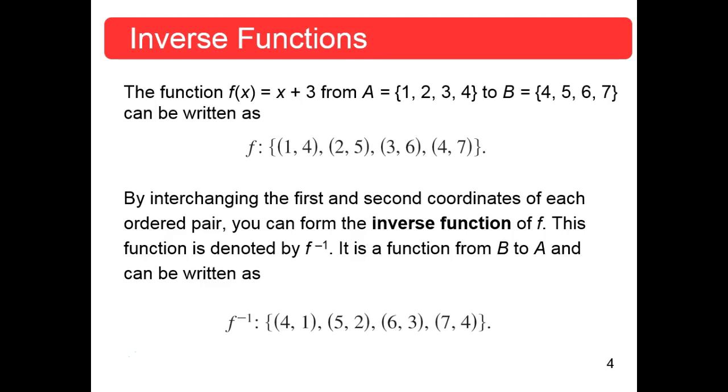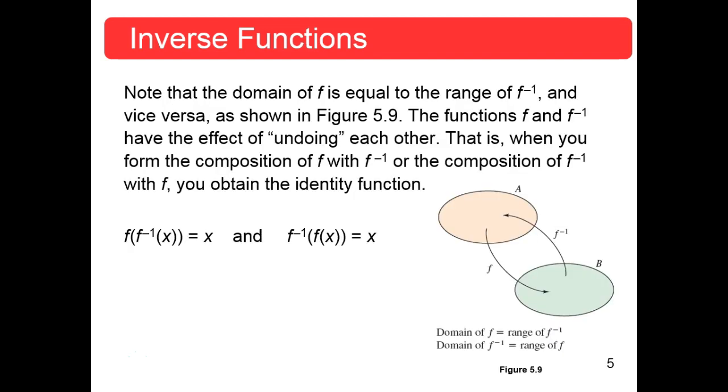Set of those 4 values. Now, note that the domain of f is equal to the range of f inverse, and vice versa. The functions f and f inverse have the effect of undoing each other. That's what an inverse function does.